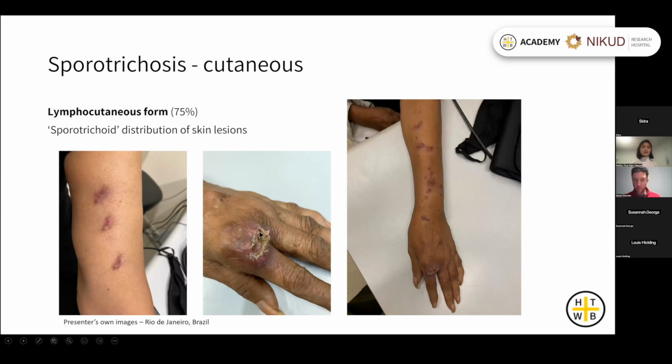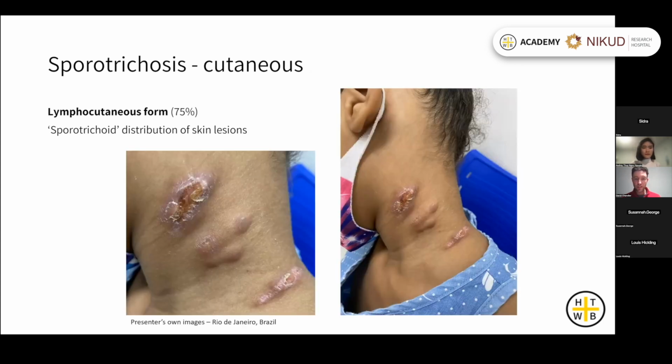So starting with the infection here on the hand, inoculation here, the lesions spread proximally along the lymphatic channels up to as high as almost the shoulder. And that's referred to as a sporotrichoid pattern or distribution of lesions. It's another patient with the lymphocutaneous form. The initial lesion here, and then lesions spreading proximally along the lymphatic channels.